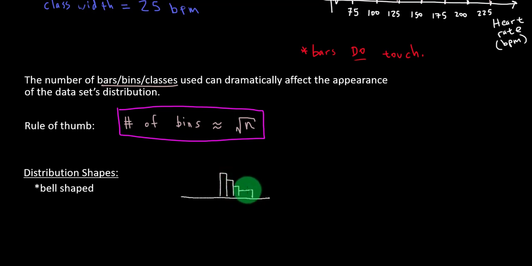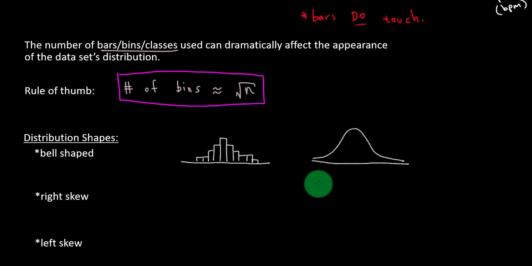There is a defined peak in the middle, and the tails descend on and on in a nearly symmetrical fashion. If you could imagine sort of smoothing out that histogram, now it looks like a continual, smooth, symmetric, bell-shaped curve.